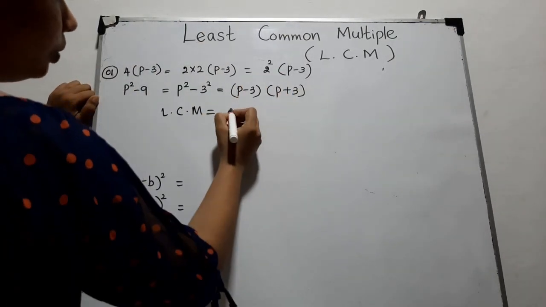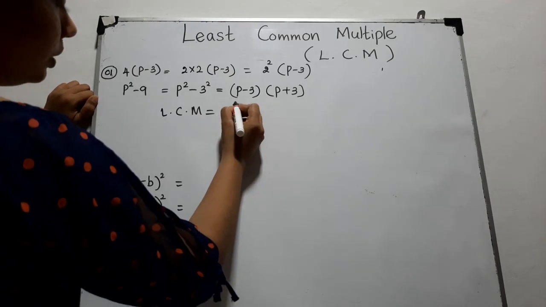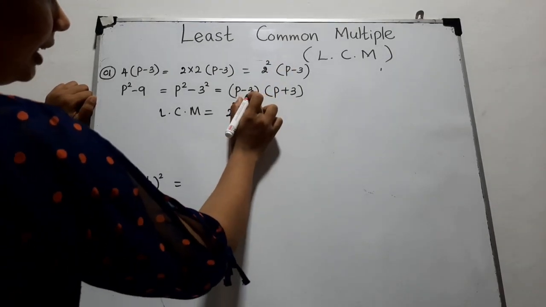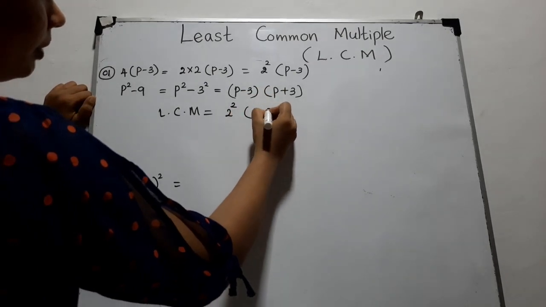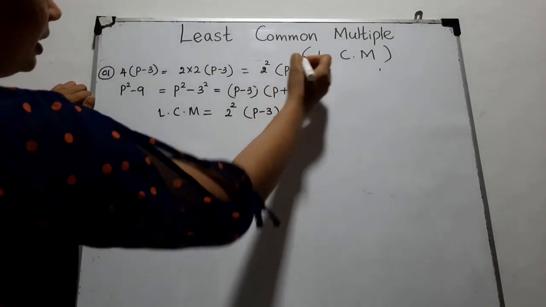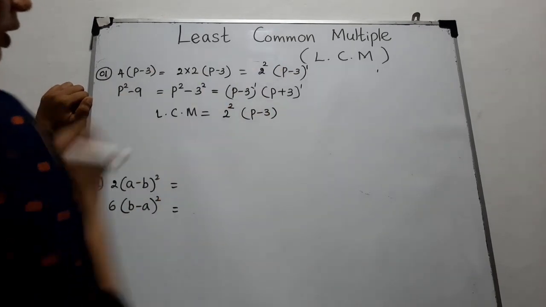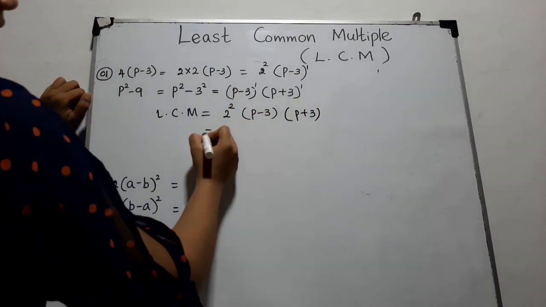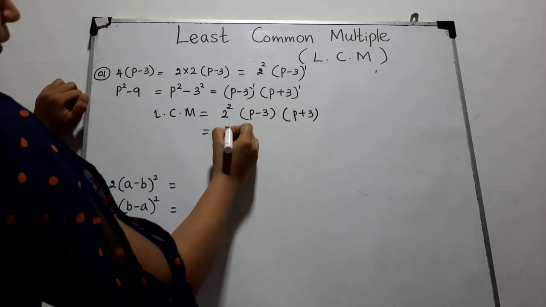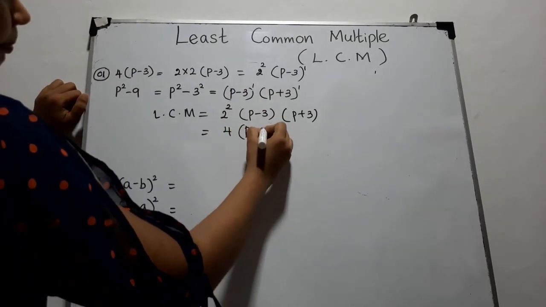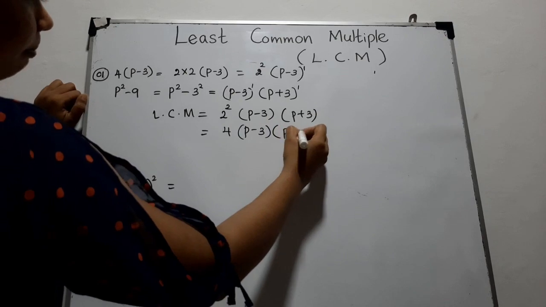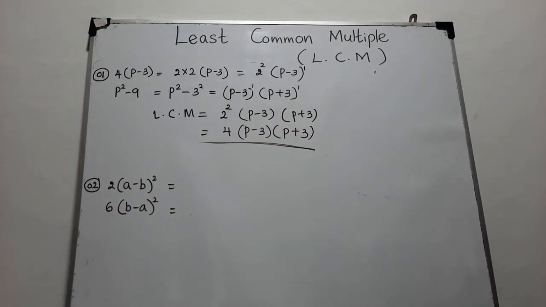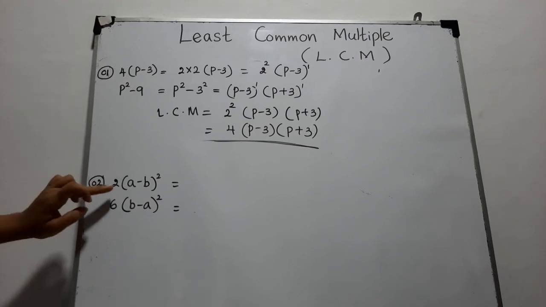The greatest power of 2 is 2 to the power 2. When we consider p minus 3, here the power is 1, here also power 1, and then p plus 3. Now simplify: 2 to the power 2, 4 times p minus 3, p plus 3. Is it clear? Okay. Now let's see another example.